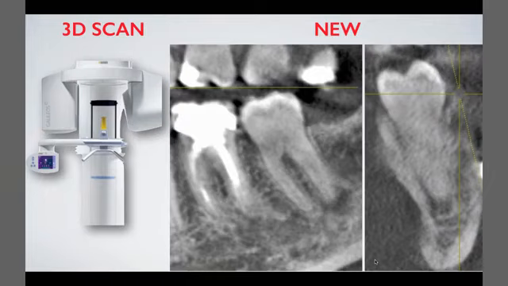So now we have no choice. Now we have to do the root canal treatment. Despite that, on the periapical X-ray, we can't see any lesion. But with the new CBCT, we can see clearly the periapical lesion. The tooth is intact, no caries, and nothing.